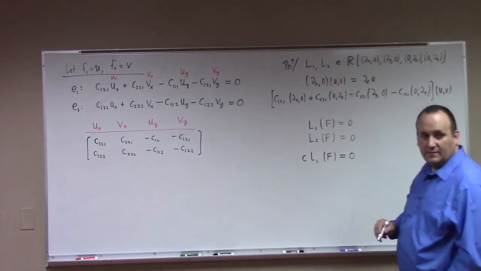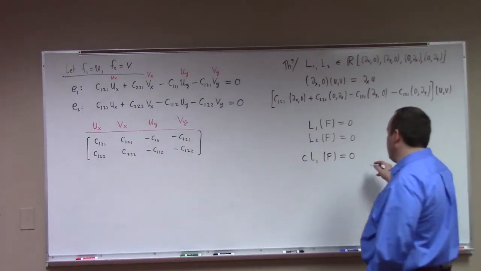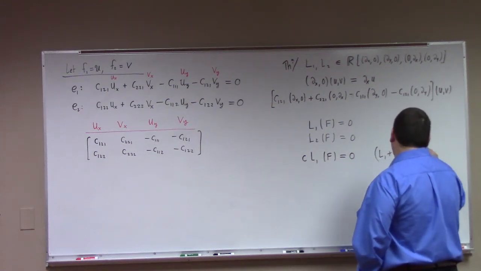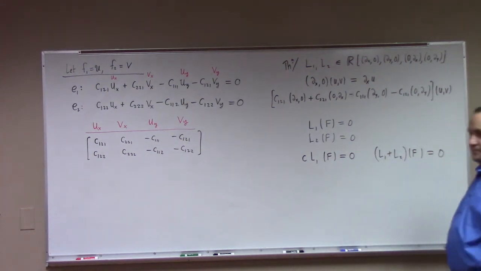And L1 plus L2 acting on f is also equal to 0. If you sort through it, you have essentially all of the elementary row operations.